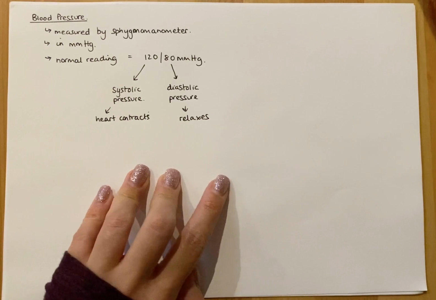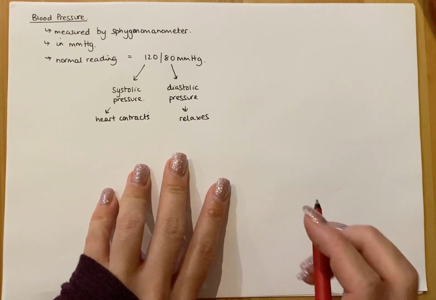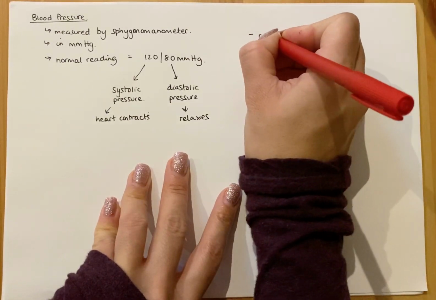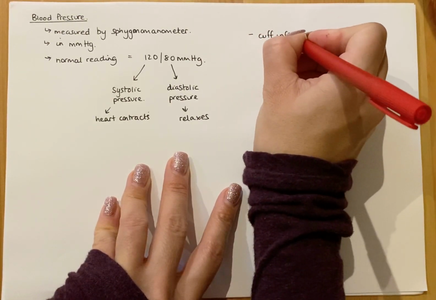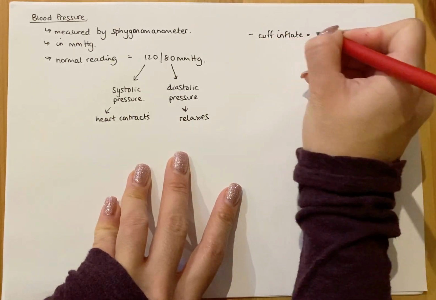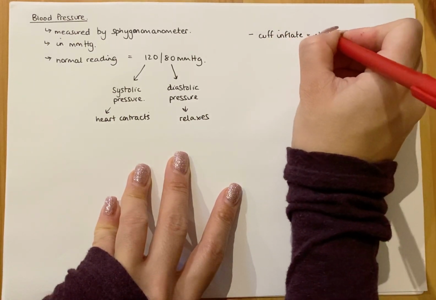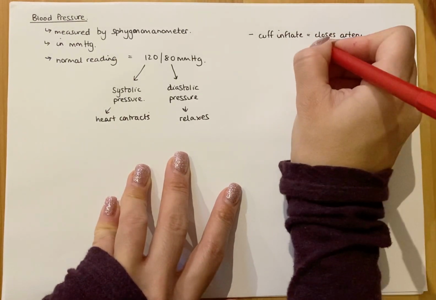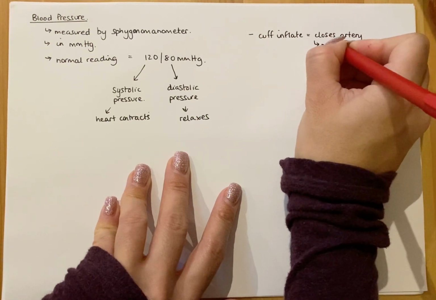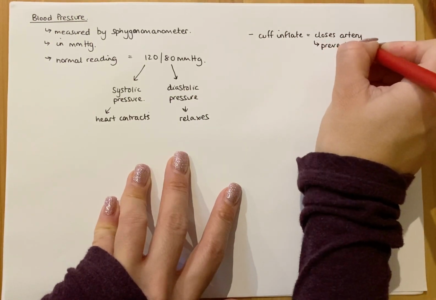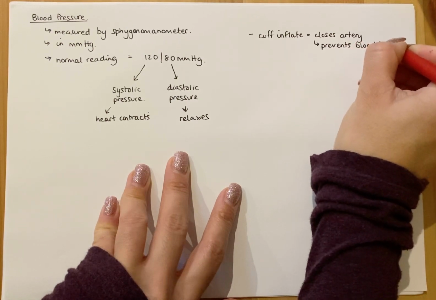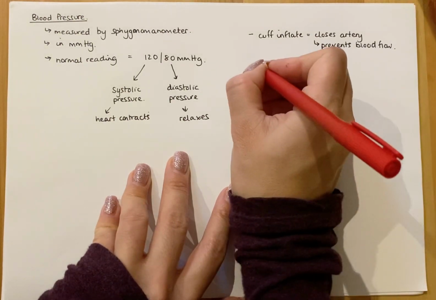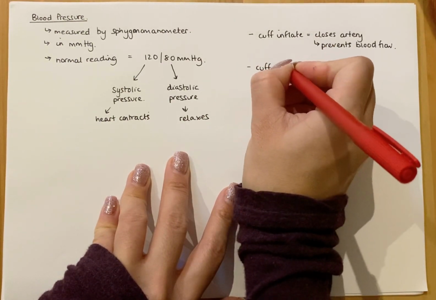Now, you might be asked about how this works. You might be shown a picture with the cuff round the arm. In terms of how this works, the cuff would inflate round the arm to the point where it closes the artery. When the artery closes, that prevents blood flow. Obviously, you can't measure blood pressure from that, so you then allow the cuff to deflate.